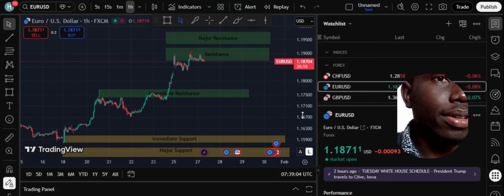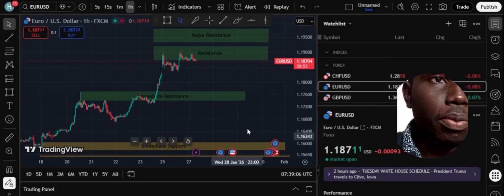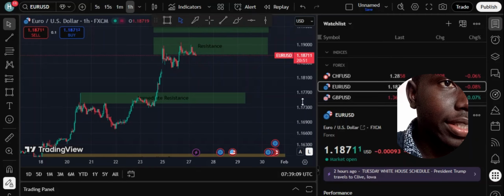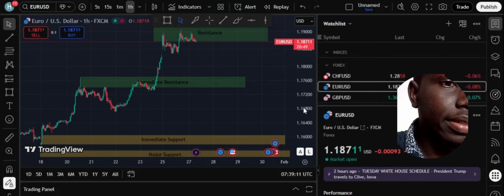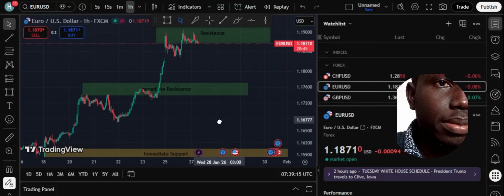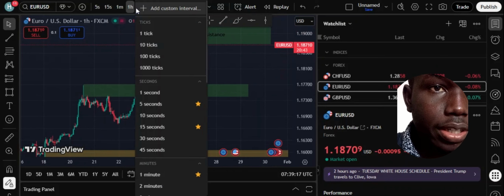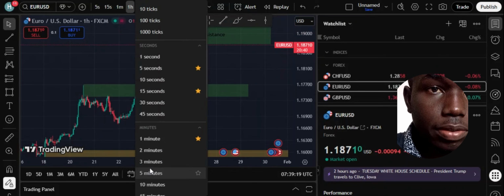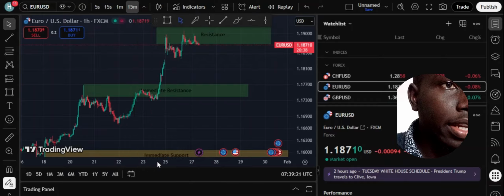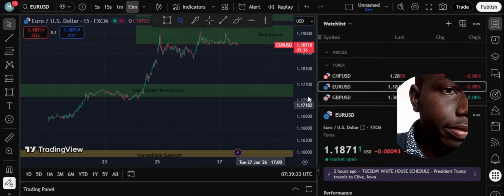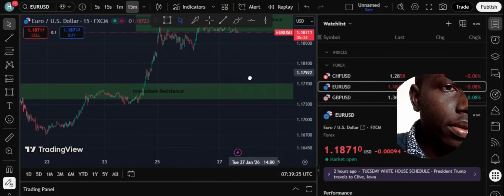So I said I will enter for a direct sell in this case. I want to go back to a smaller time frame, let's do 15 minutes, or I can even go lower to at least 5 minutes, because at 1 hour we know what's going to happen.